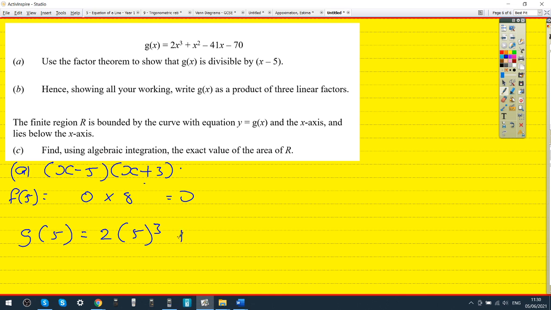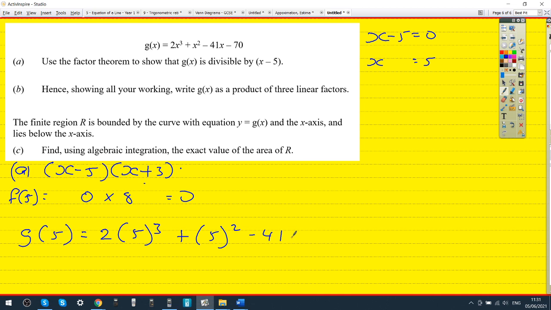Okay, and so what do you get? How come it's not minus 5? This one wasn't minus 5, like x minus 5. It's like x minus 5 equals 0. If x minus 5 is a factor, then x equals 5 is a solution.